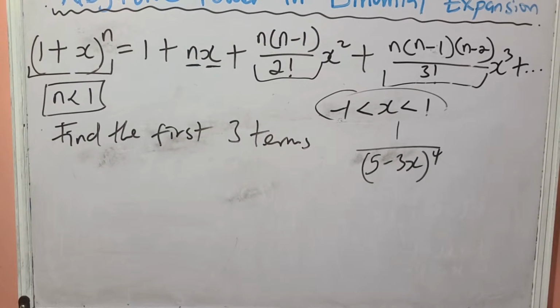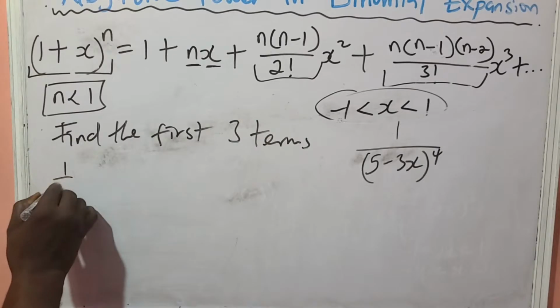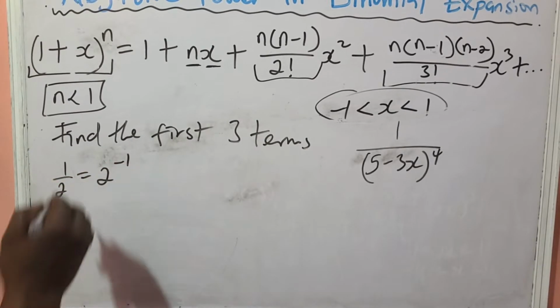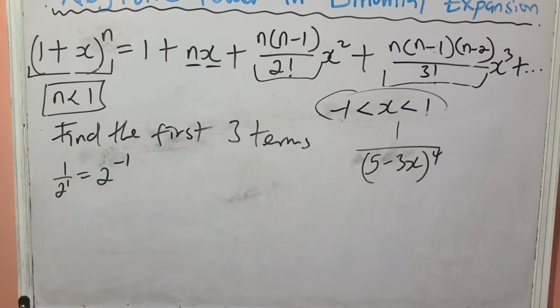Now, anyone that sees this question may be confused if you don't know some basics in mathematics. So what basics do you need to know to be able to enjoy this question? You need to remember that 1 over 2 is the same thing as 2 raised to power minus 1. Of course, because 1 over 2 is the same thing as 1 over 2 raised to power 1.